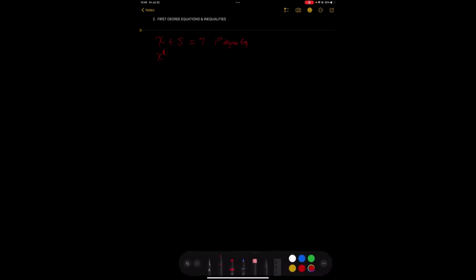So, with that being said, how do we calculate first degree equations? The reason why it's called an equation is because there is an equal sign.